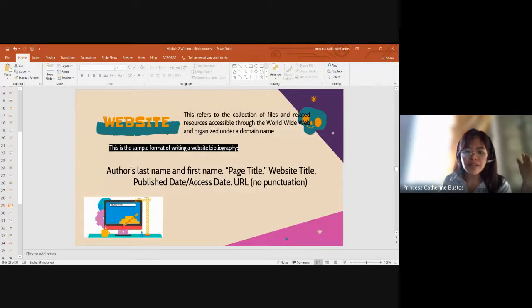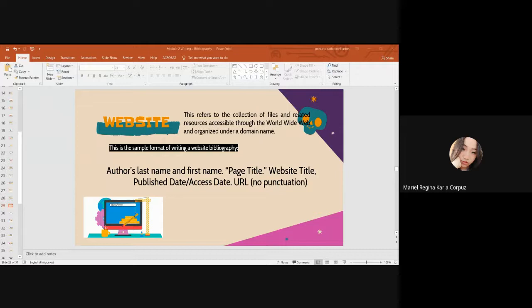What do you mean by website? Website refers to the collection of files and related resources accessible through the World Wide Web and organized under a domain name. Okay, very good.